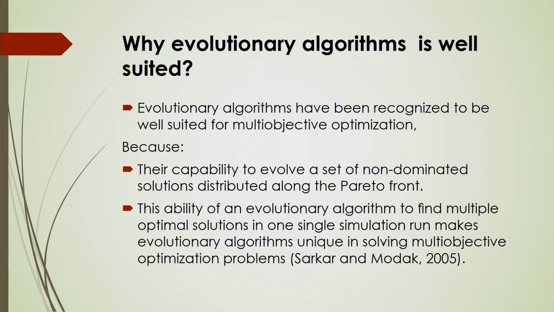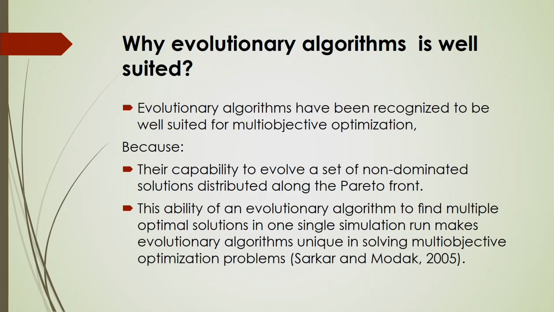Whenever you are selecting a set of objective functions, you have to see which ones are feasible, and that set will have non-dominated solutions distributed along the Pareto front.